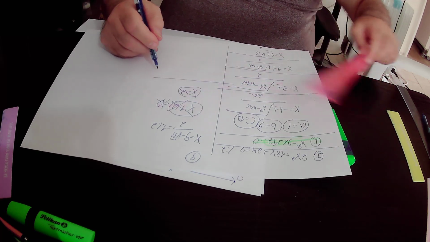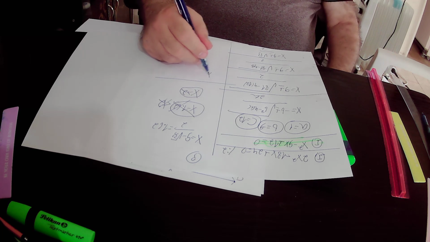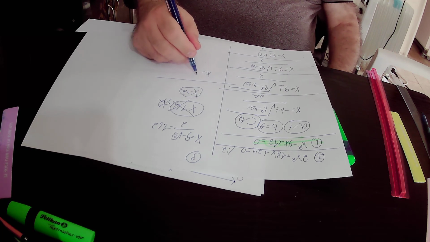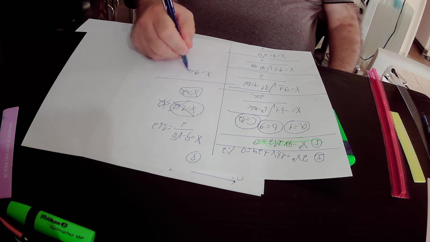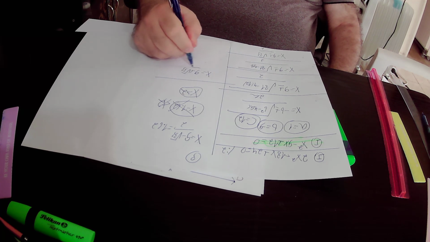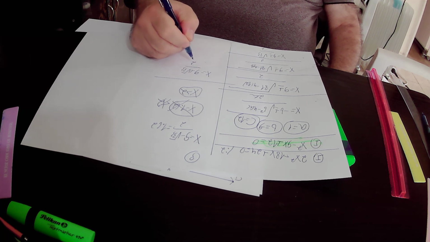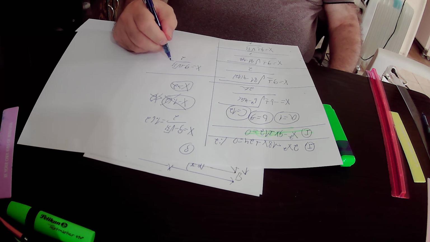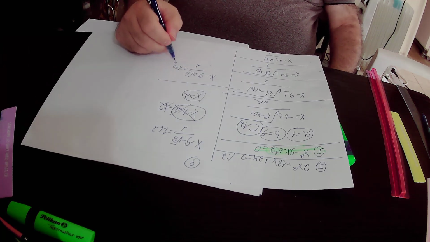The second solution for x is x equals 9 plus square root of 33 over 2 units, or in terms of numbers, it is equal to 7.37 units.